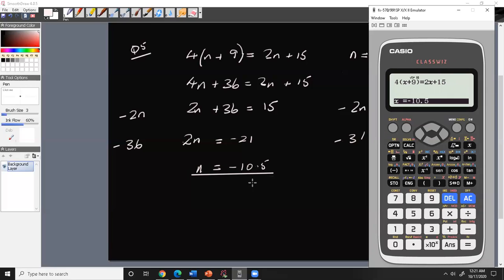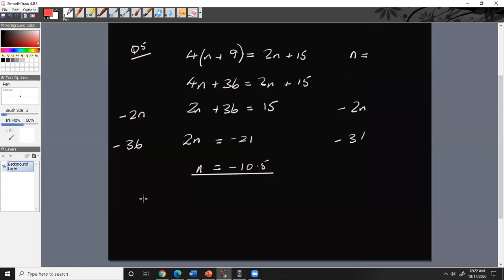Now, I don't think that that equation matches up with question 5 on the first set of questions I gave you. I'll write it in red. Your question 5 was actually 4x plus 9 is equal to 2x plus 15, or n, right?